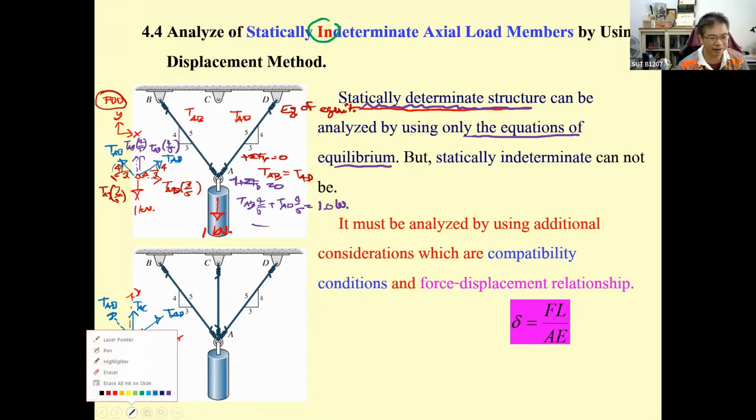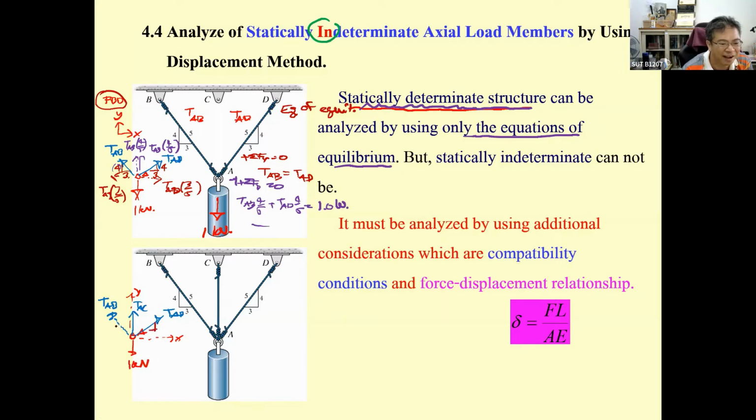What happened is when you take the summation of the F sub x, you got one equation the same as before, because this one will be separated into T sub AB times 3 over 5, and T sub AD times 3 over 5. So summation of F sub x equal to 0, T sub AB equal to T sub AD.